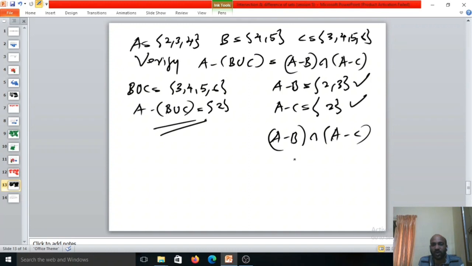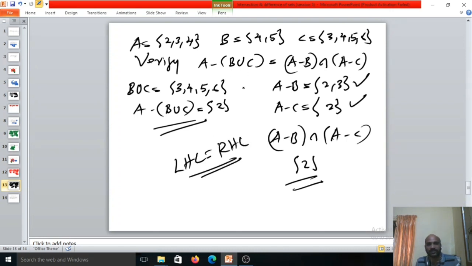Intersection means common element, so that is the set 2. So the left hand side is equal to the right hand side. This type of question you can expect: verify whether A minus B union C equals A minus B intersection A minus C, or A minus B intersection C equals A minus B union A minus C, etc.